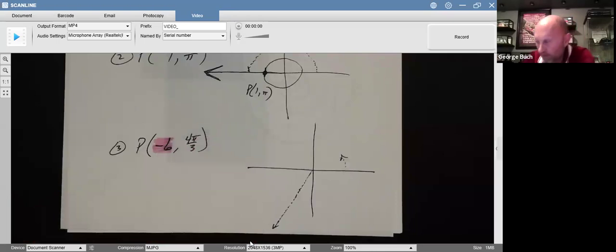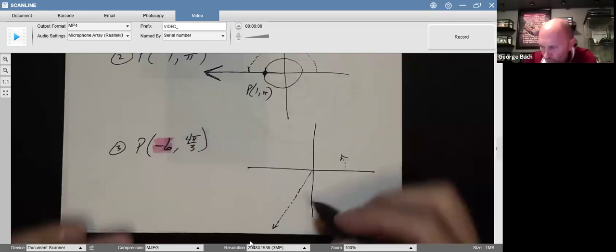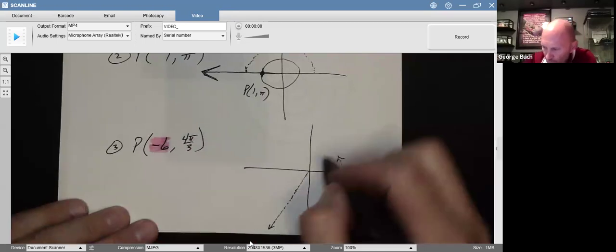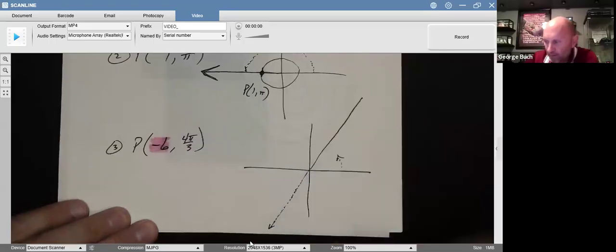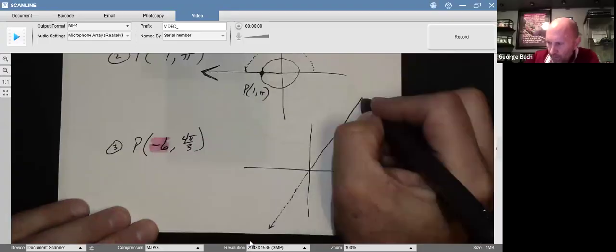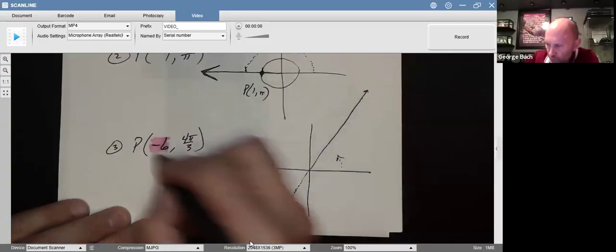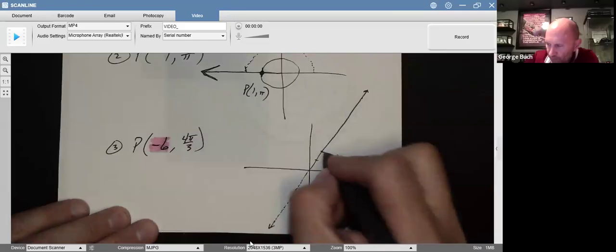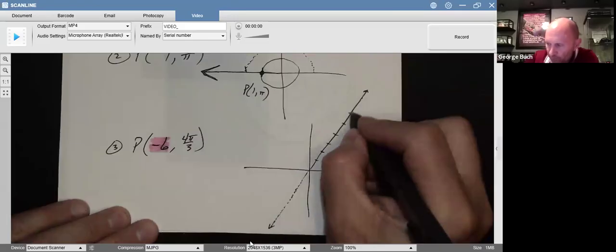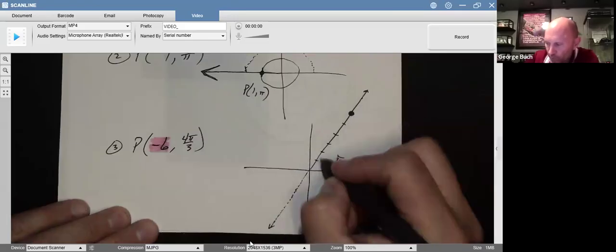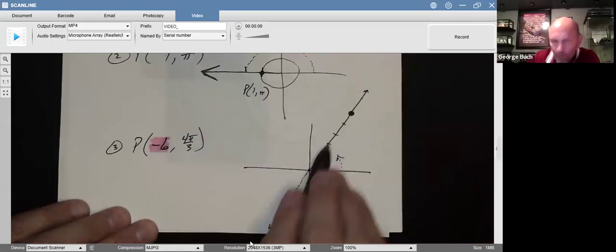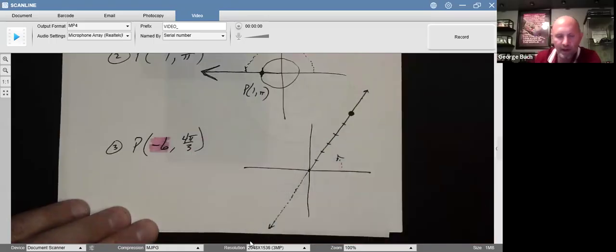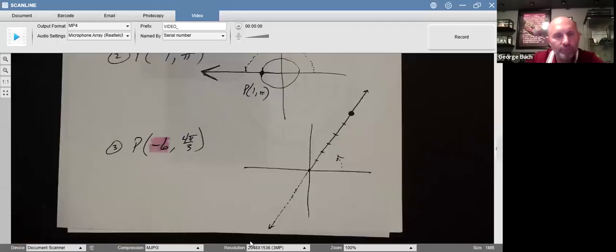And because it's negative, I don't move this direction, but I have to move this opposite direction of theta. And then 6 units, 1, 2, 3, 4, 5, 6, puts me at this point out here, 6 units away from the origin, but in the direction opposite of 4 pi over 3 because the r is negative.